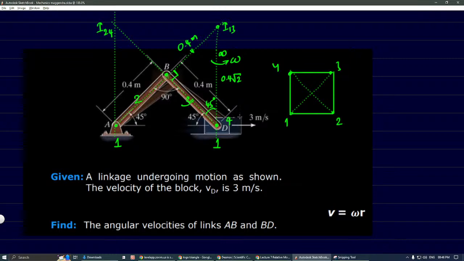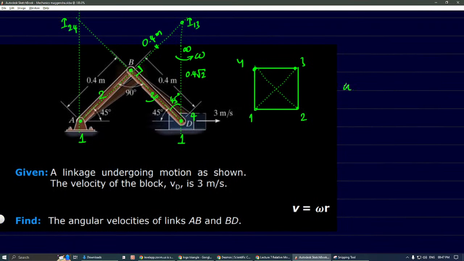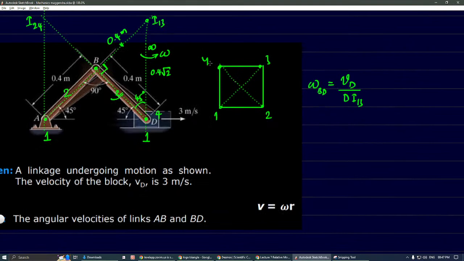Now that this length is known, we can find omega. Omega for BD will be equal to velocity of D divided by the length D to IC.